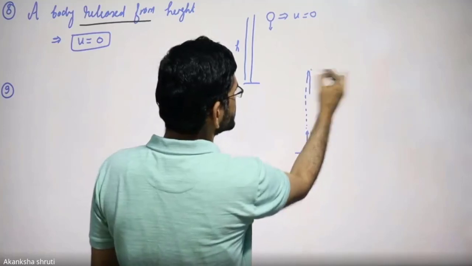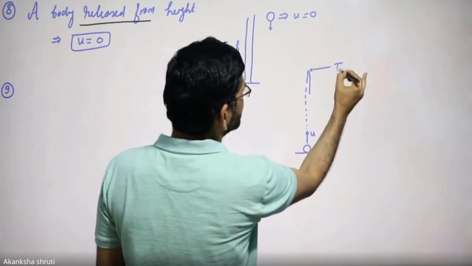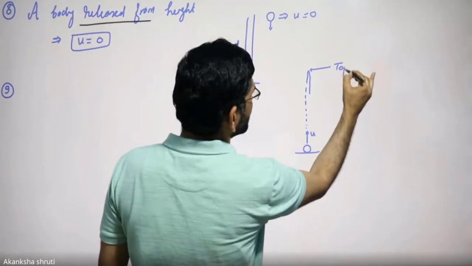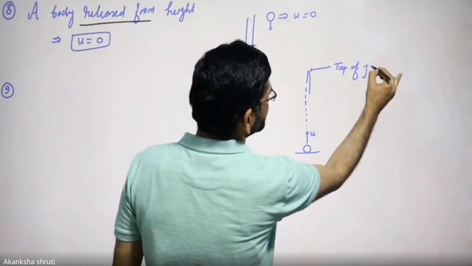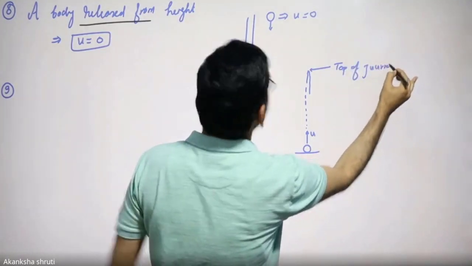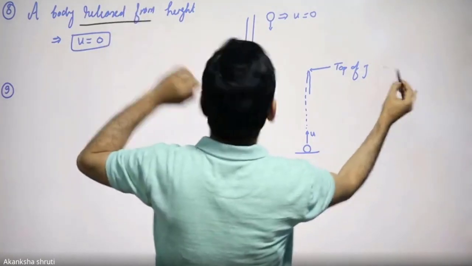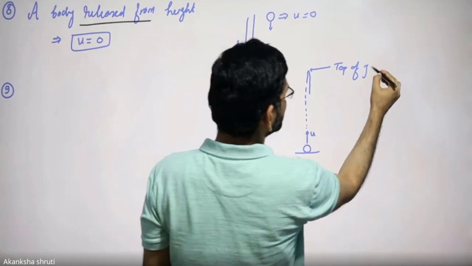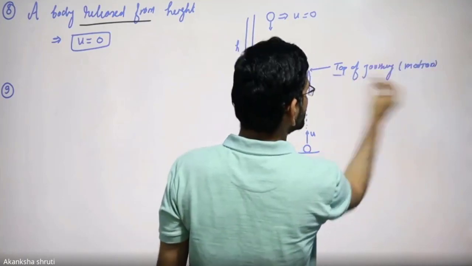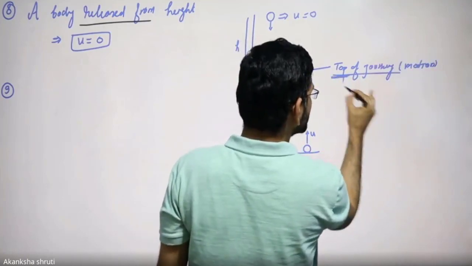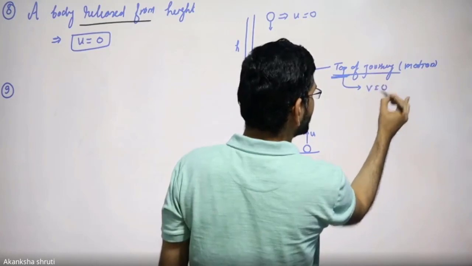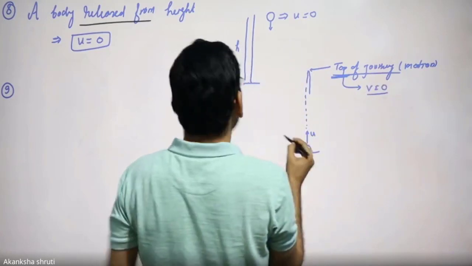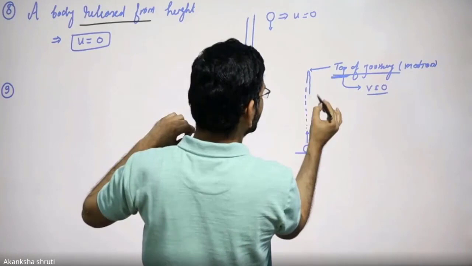This is the top of the journey of the ball. At this top point only, keep in mind, the speed becomes 0, but it cannot be 0 at any other intermediate point.